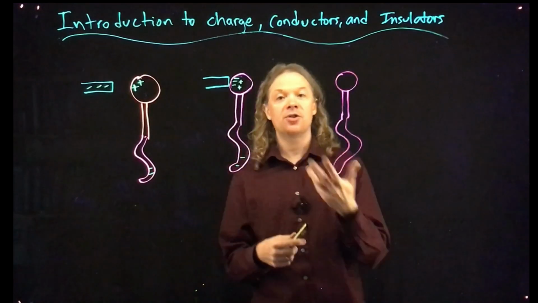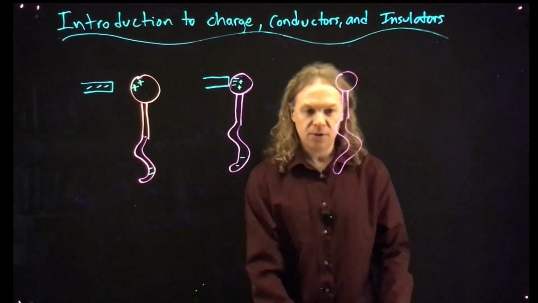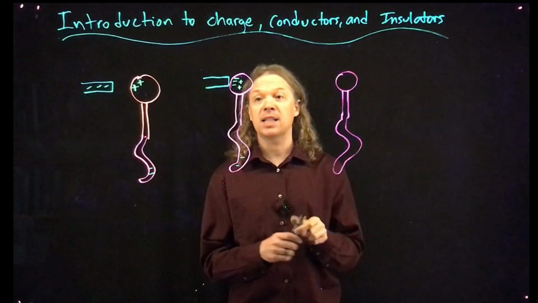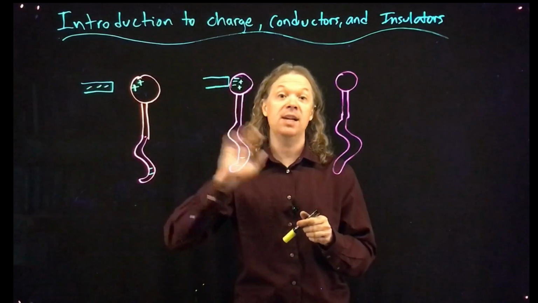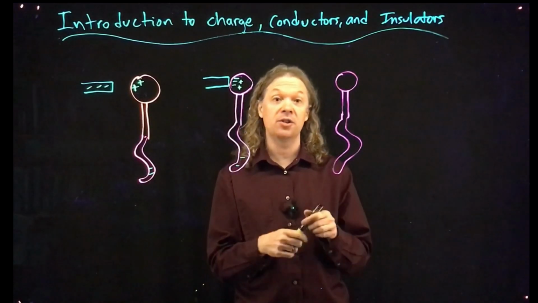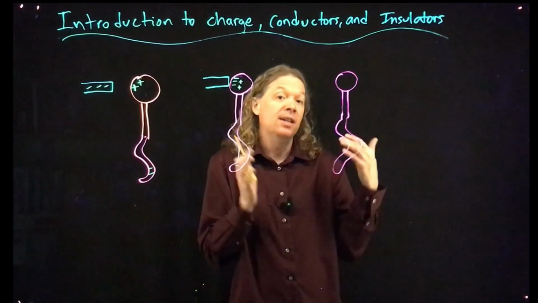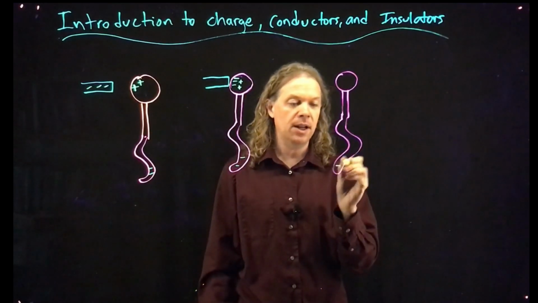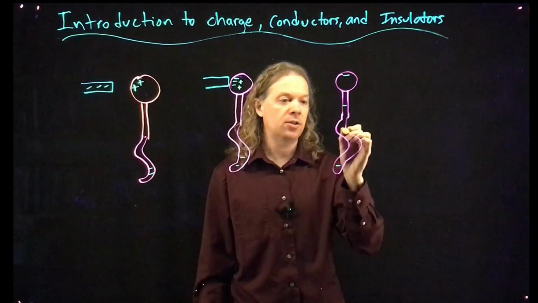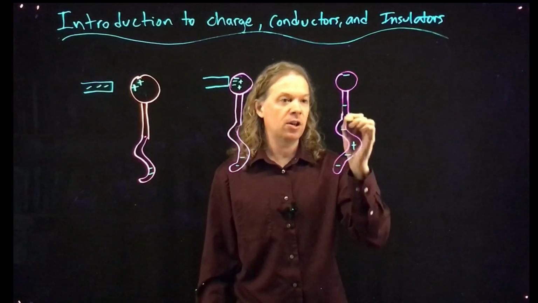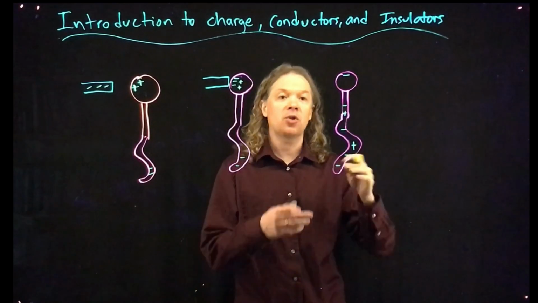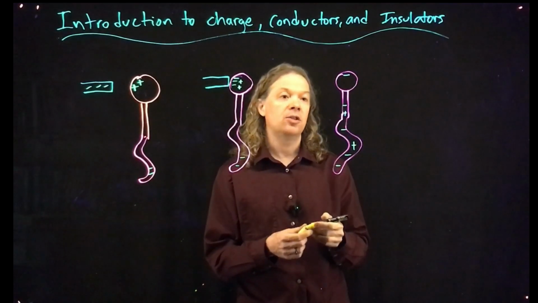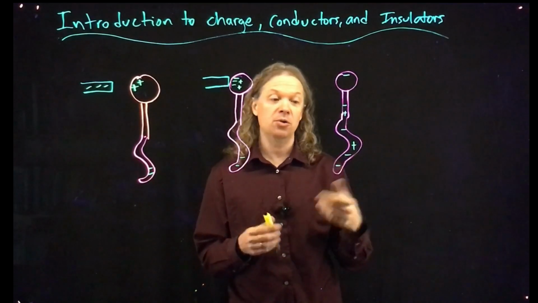So they're going to redistribute themselves in a way so that the conductor is as neutral as possible. Now there's 1, 2, 3, 4, 5 negative charges and 2 positive charges. So there's more negative than positive. The thing is now not neutral. But maybe the negative charges will try to spread themselves out like that, and maybe the positive charges will kind of get in there. Whatever. It tries to rearrange itself so that the whole system is as neutral as possible.